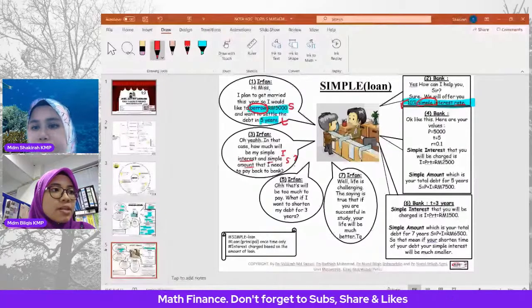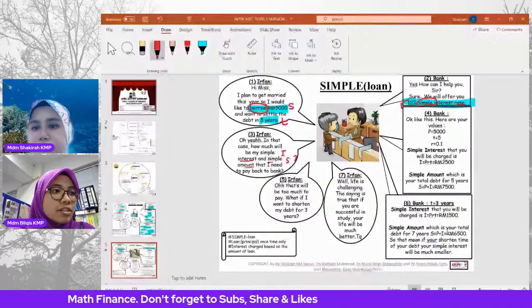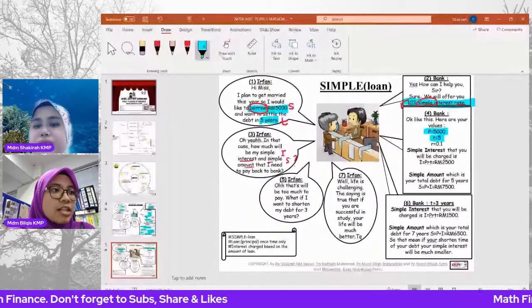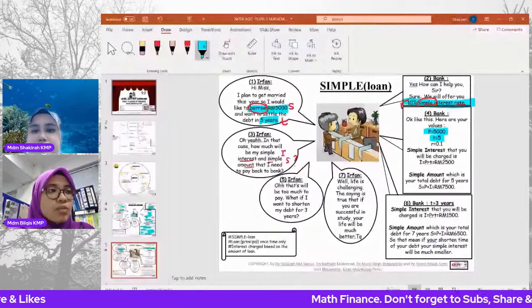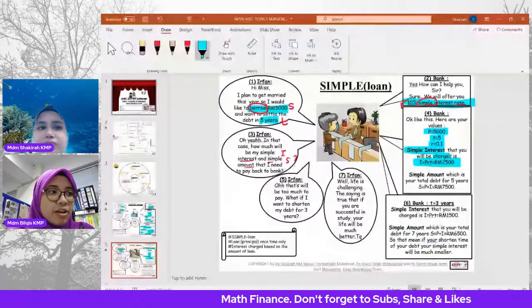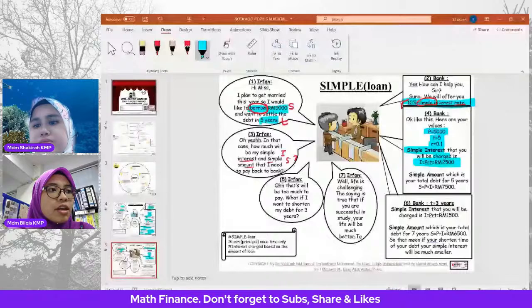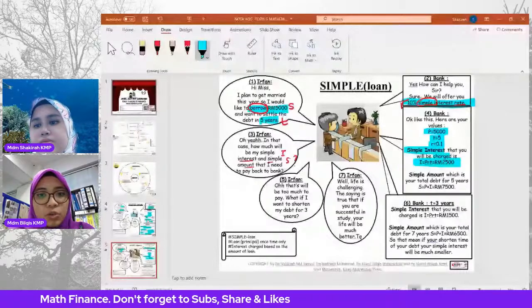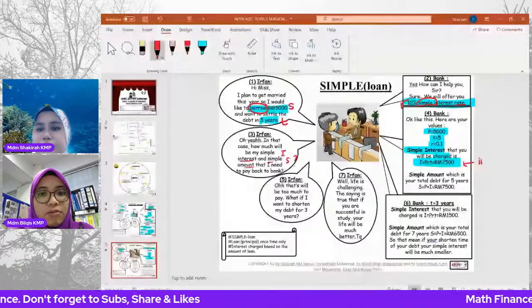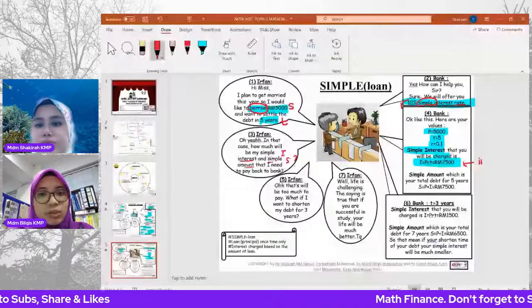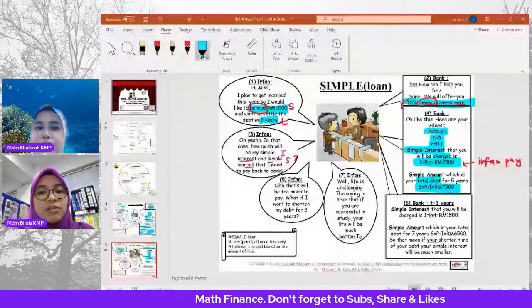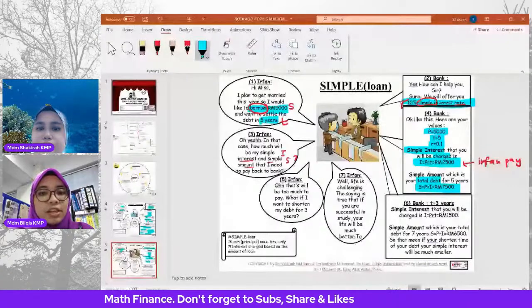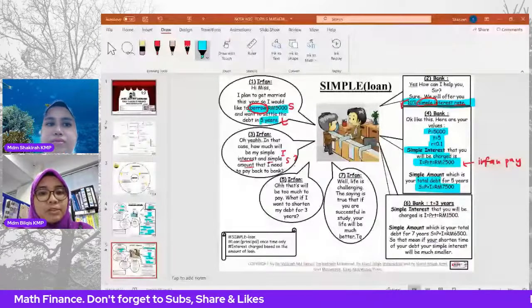So the simple interest, the interest that you will be charged is I equals to PRT, which is equals to 2,500 ringgit. And then for your simple amount, which is your total debt for 5 years, S equals to P plus I, which is equal to 7,500 ringgit. So that will be your amount.